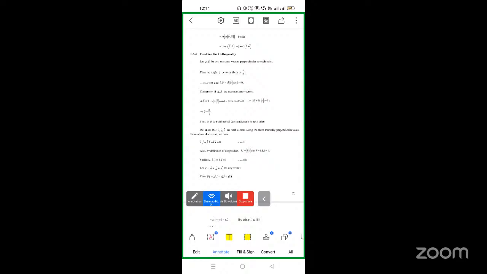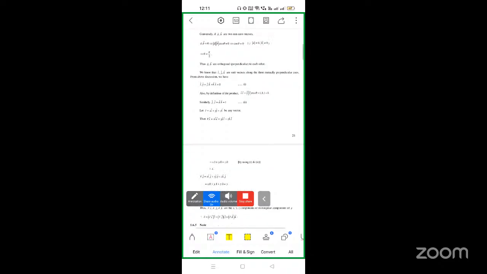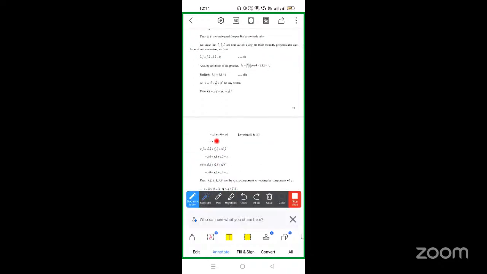Next, let R be equal to x i plus y j plus z k, any vector. Then R dot i bar is equal to x i dot i plus y j dot i plus z k dot i. These terms should be zeros. So x into i dot i, which is 1, plus y into 0 plus z into 0.